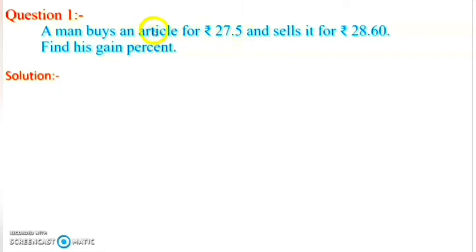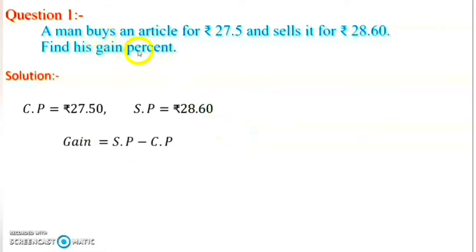So the cost price here will be 27.5 and he sells it for 28.6. So the selling price will be 28.6. So here the selling price is greater than the cost price. So the man has gained a profit. And CP is equal to 27.5 and SP is equal to 28.6.